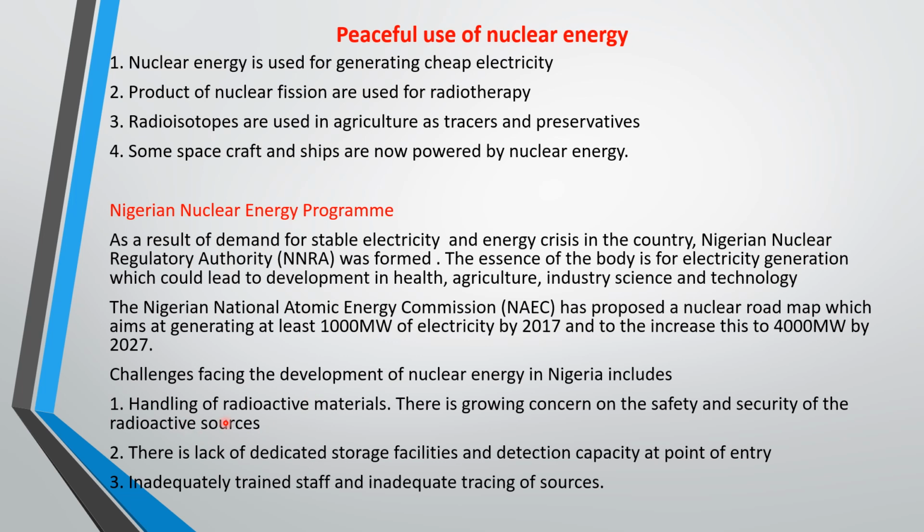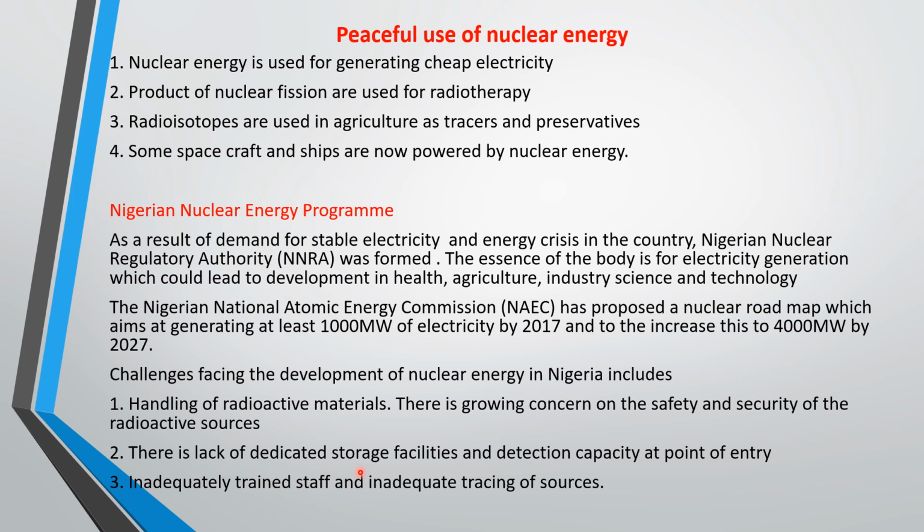One of them is the handling of radioactive materials. We don't really have the means of handling them, so there's great concern about the safety and security of radioactive sources. If radioactive sources are not properly handled, they can lead to disastrous effects. They can cause a lot of problems to individuals, so they need to be properly handled.